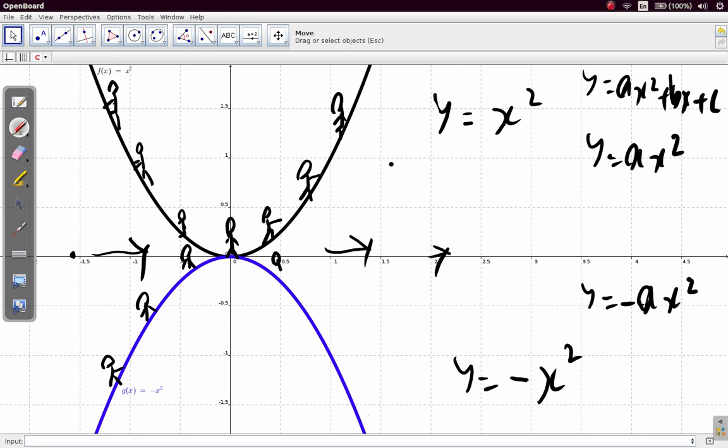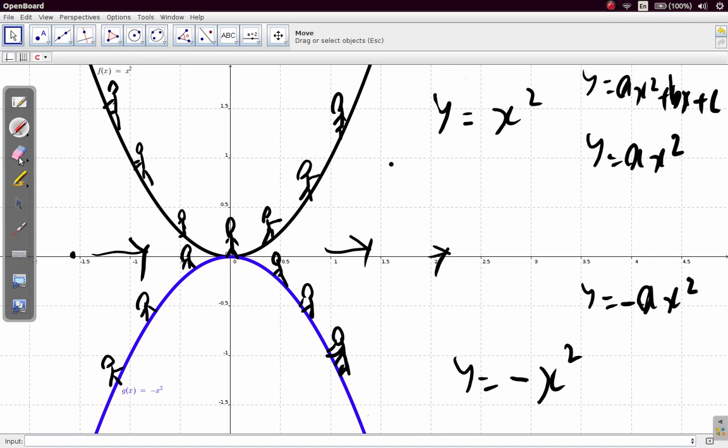Then you start climbing down the hill, right? So that's what you have there. Positive number times x squared, you have a minimum but no maximum value. Negative number times x squared, you have a maximum value but no minimum value.